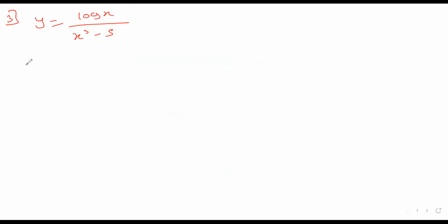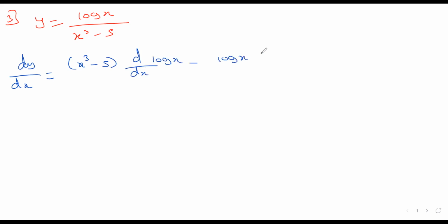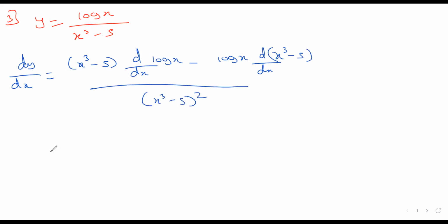So derivative dy by dx will be x cube minus 5 d/dx of log x minus log x d/dx of x cube minus 5, whole thing upon x cube minus 5 bracket square.